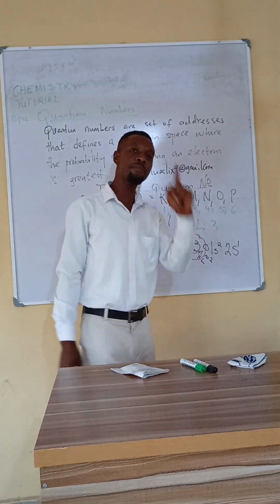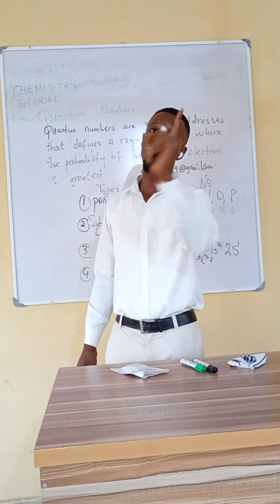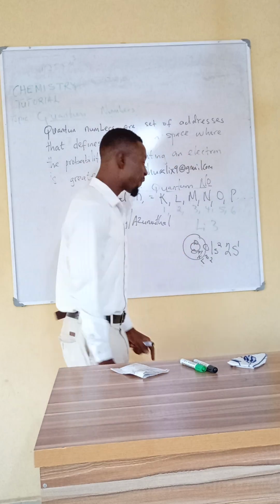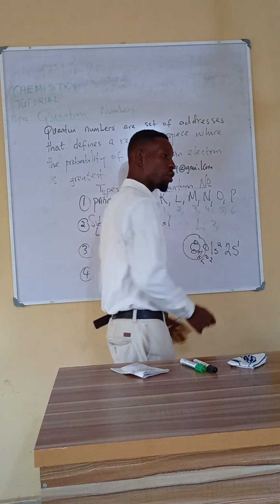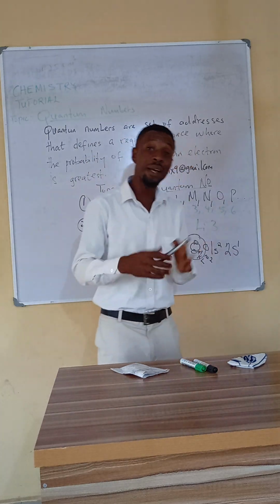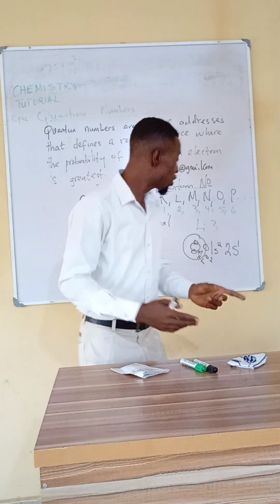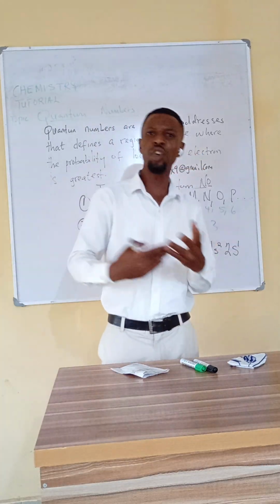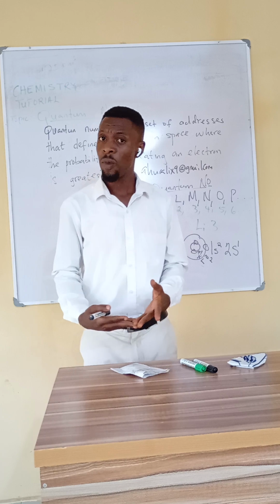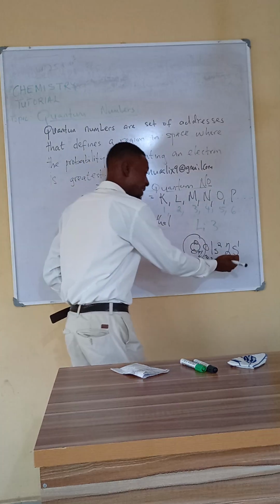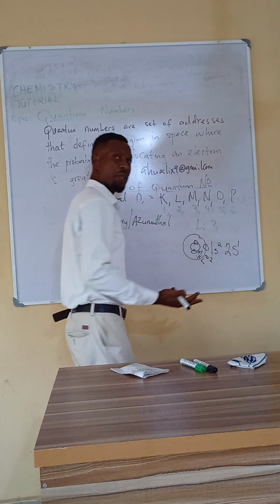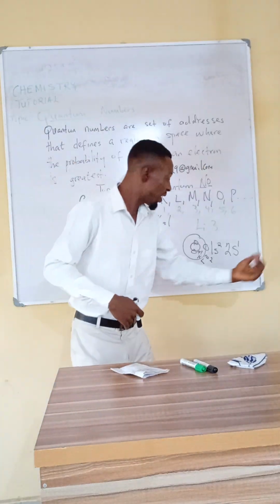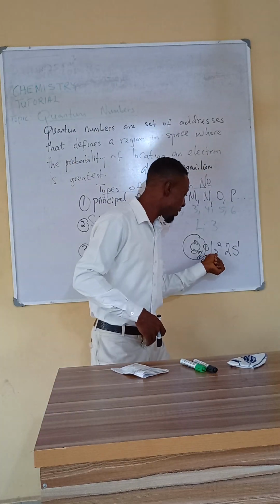The second energy level has two orbitals, s and p. So is this electron in the s orbital or in the p orbital? Definitely in this case, it is in the s orbital. So this subsidiary quantum number tells you the particular orbital.